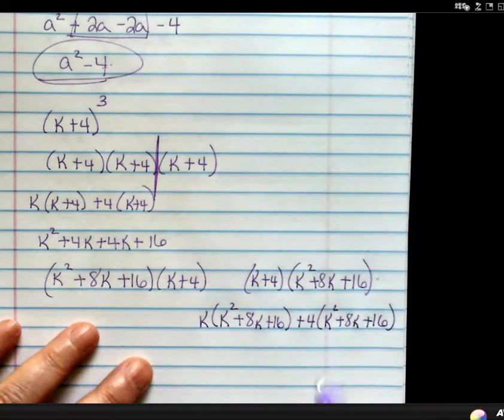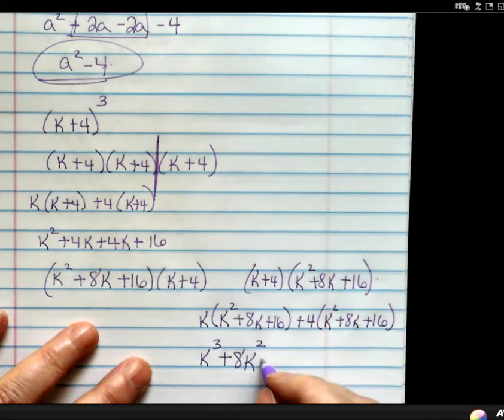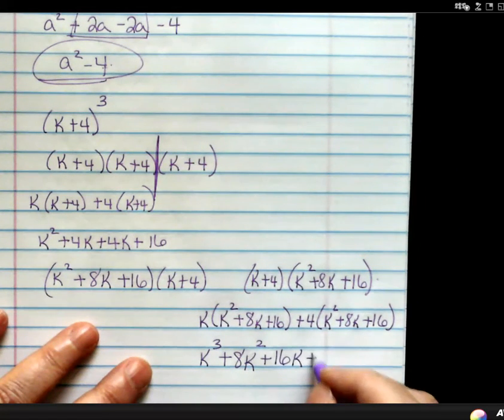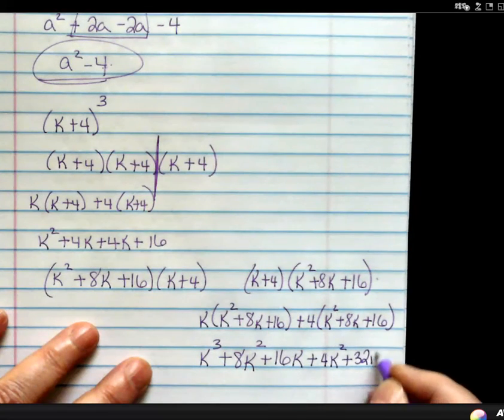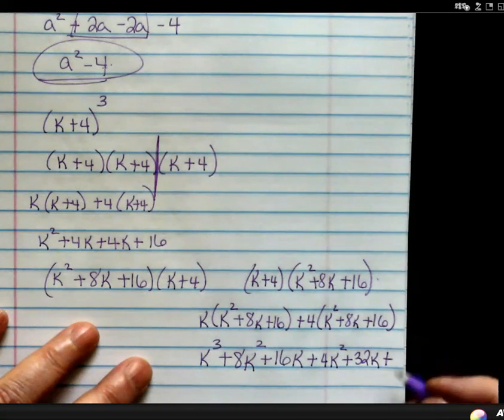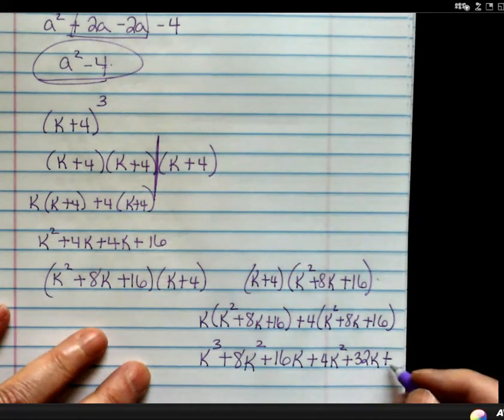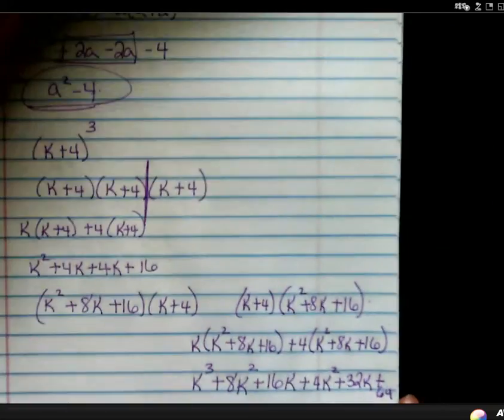Now I multiply. K times k squared is k cubed plus 8k squared plus 16k plus 4k squared plus 32k plus 4 times 16 is 64. I'm sorry, I'm running out of room. So now we combine like terms.